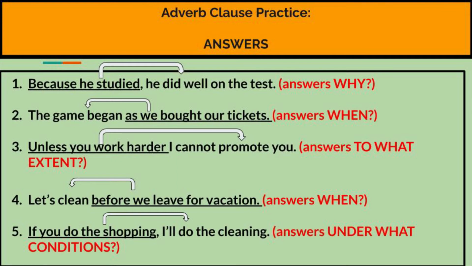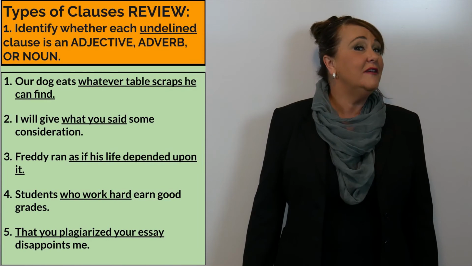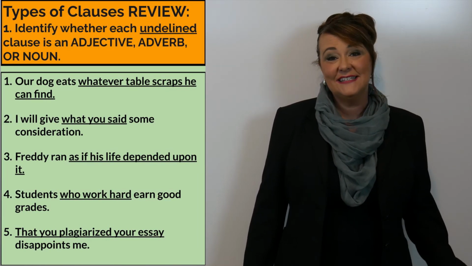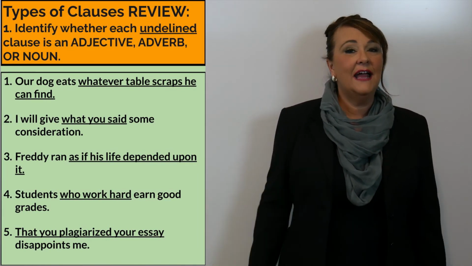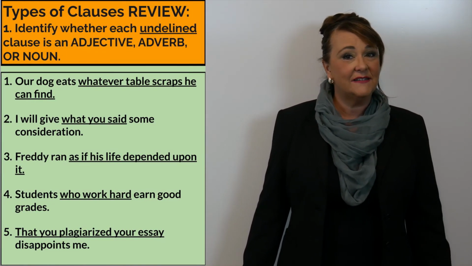So now that we've had practice identifying these 3 types of clauses independently, let's try and look at them all together. So now on your screen, you should see 5 sentences. This time, I have underlined the clauses in each of the sentences.